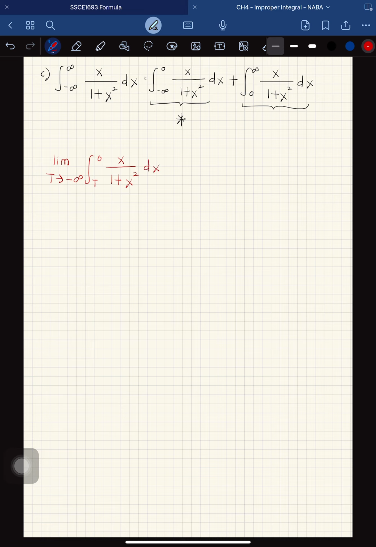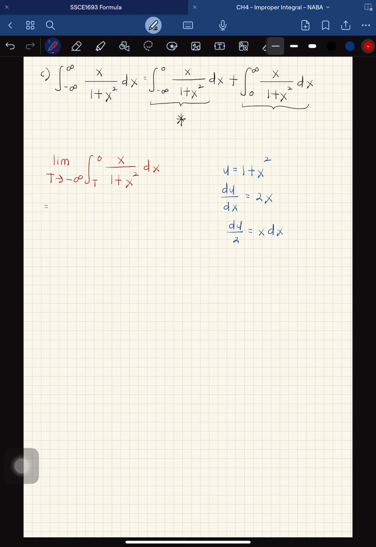What technique of integration do we need? Substitution. So u equals 1 plus x squared, du over dx equals 2x, so du over 2 equals x dx.